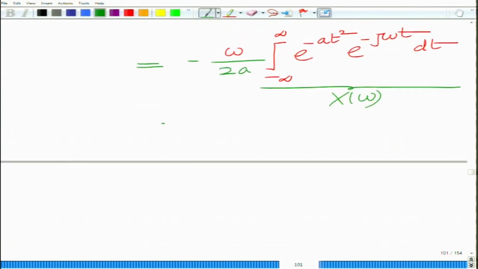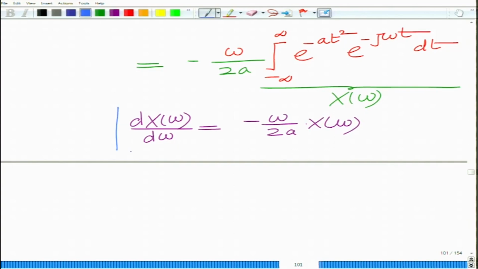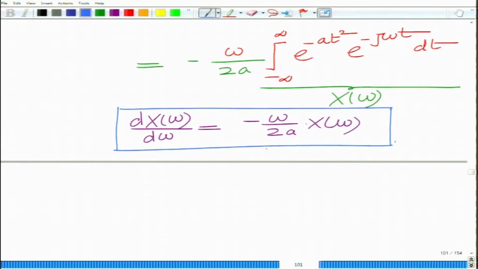So, what we have shown is the first step, that is something very essential for the rest of the proof, that is the derivative of X of omega, dX(omega) over d omega, is equal to minus omega over 2a times X of omega.